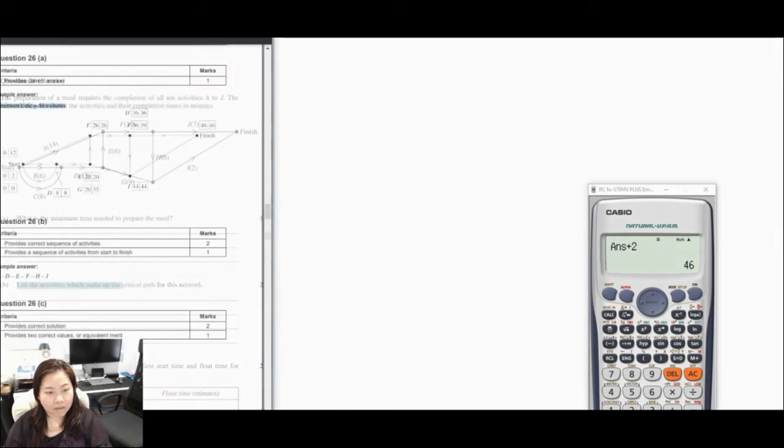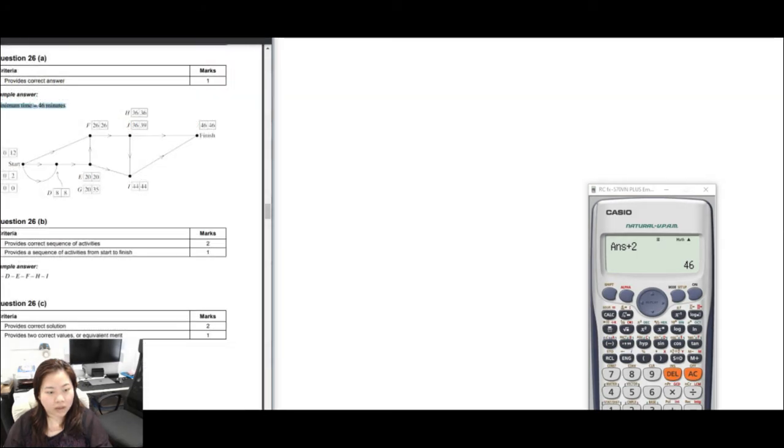Alright, let's just go to the next one. List the activities which make up the critical path for this network. The critical path? What does that even mean? C, D, E, F, H, I. Oh, is that just what you added from the last question?